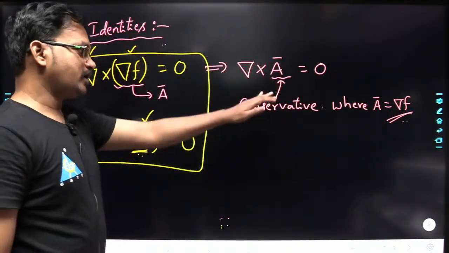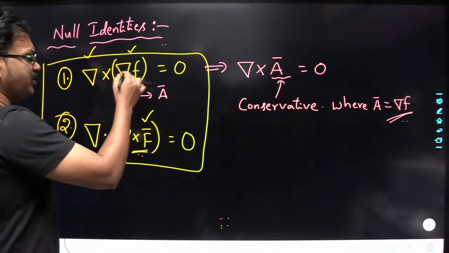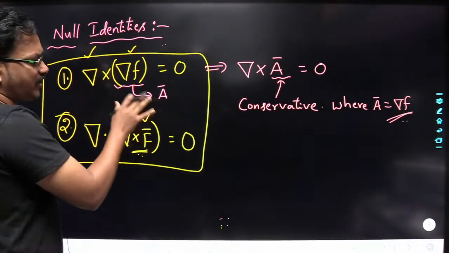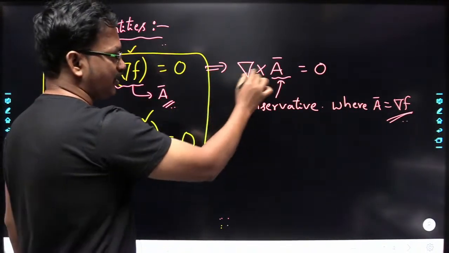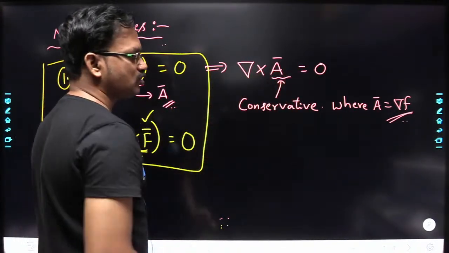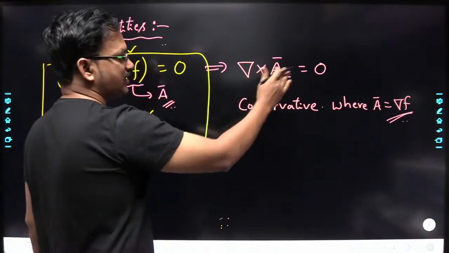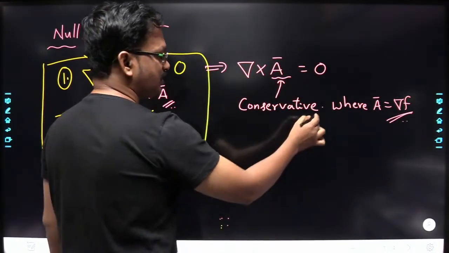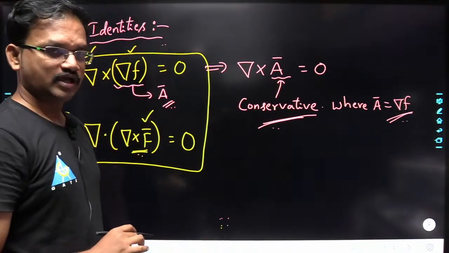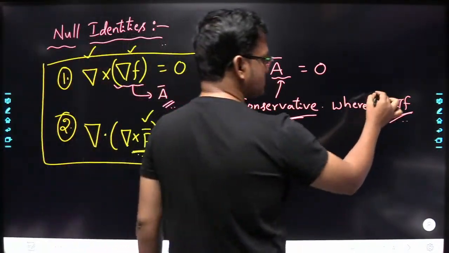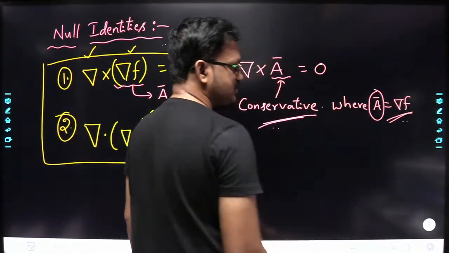Here gradient of f results in some vector quantity, and that vector quantity I am representing with a bar. So curl of a bar will be equal to 0. If curl of any vector field is equal to 0, then that vector field is said to be conservative. So a bar is nothing but conservative.